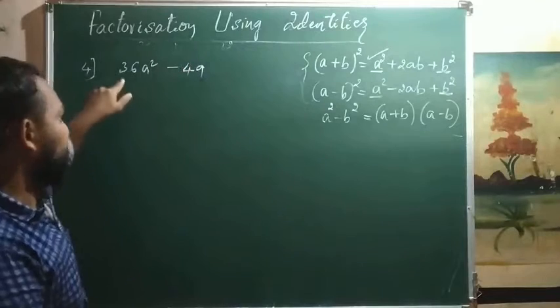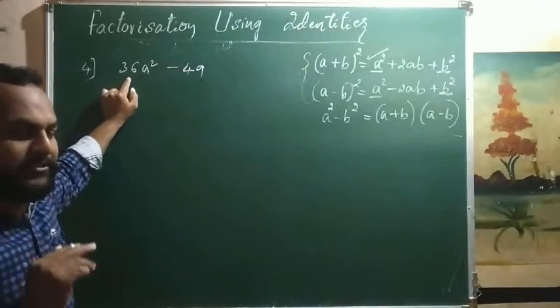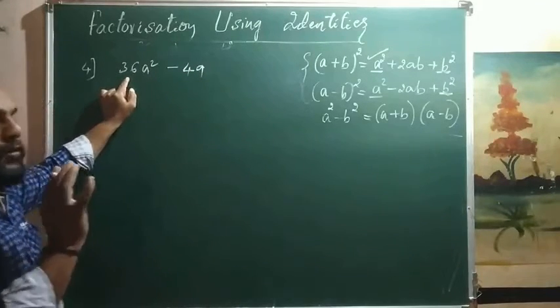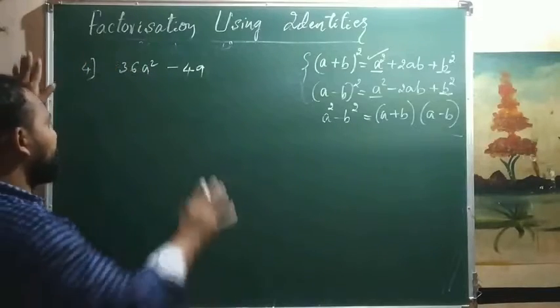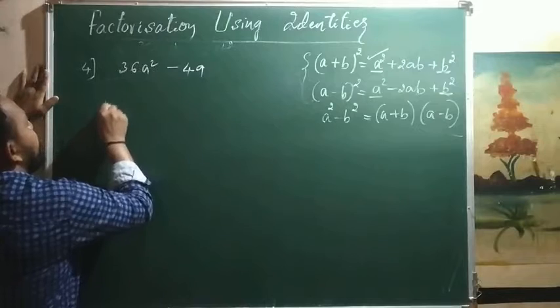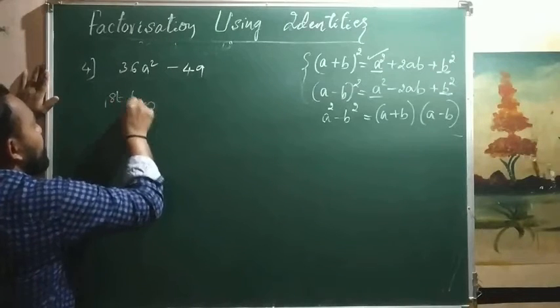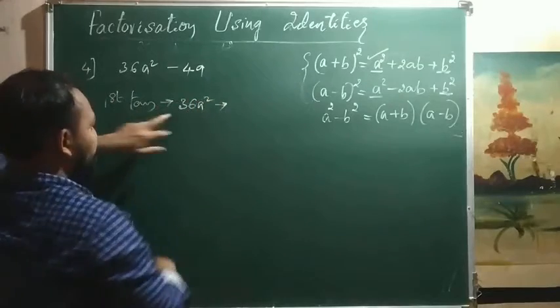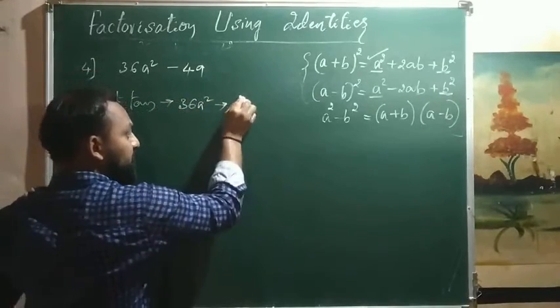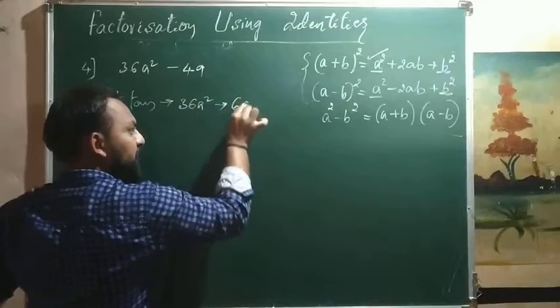Yes, here the square root of 36. Remember, if a perfect square is there, if a square number is there, take the square root. Here 36a square is the first term and is a perfect square. The square root of 36 is 6.